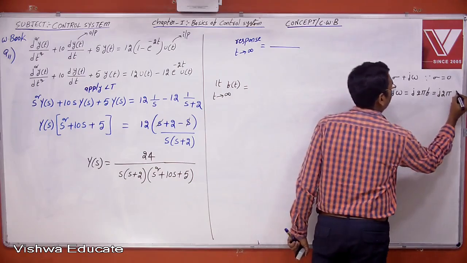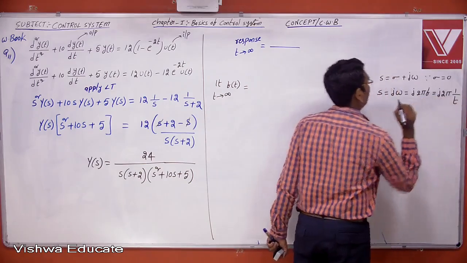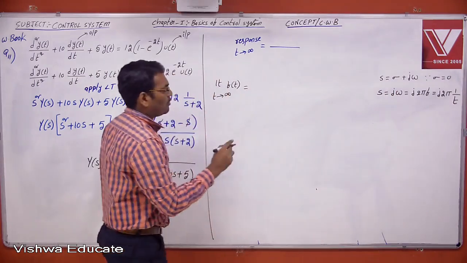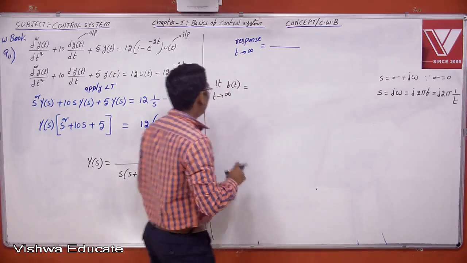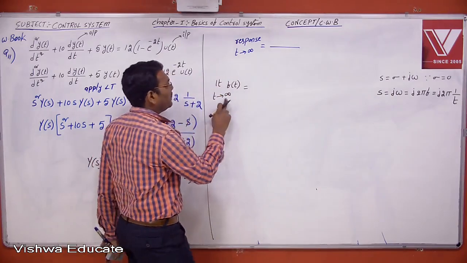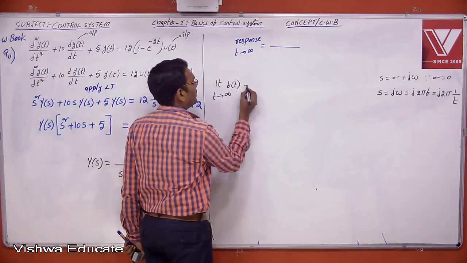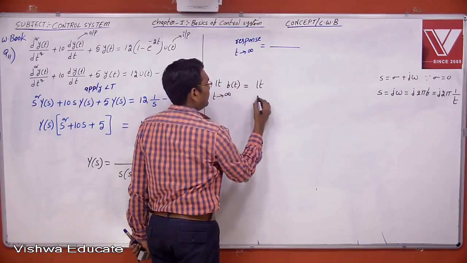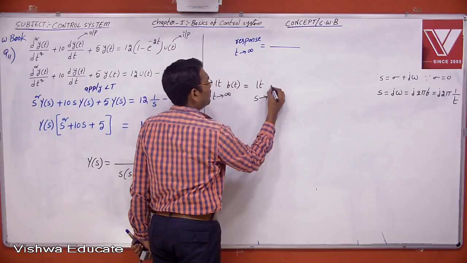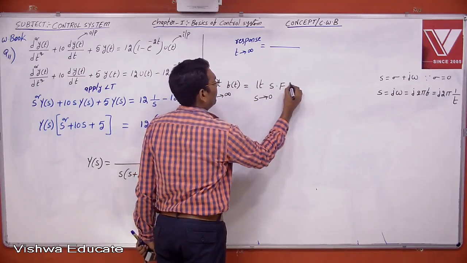Frequency and time are inversely proportional. Therefore limit t tends to infinity f of t, which is nothing but when time tends to infinity, this frequency s tends to 0, s into F of s.